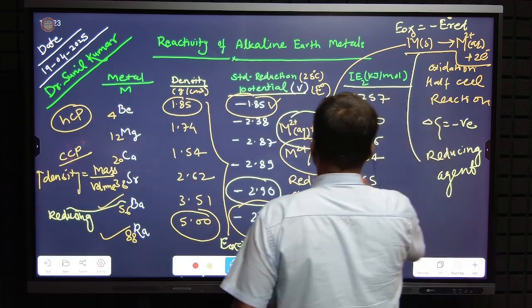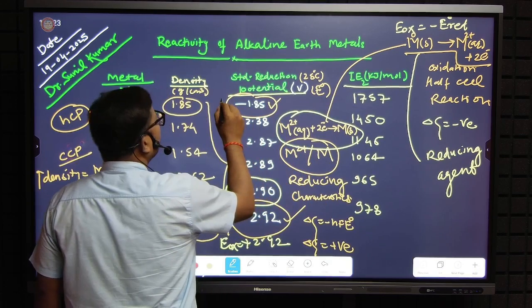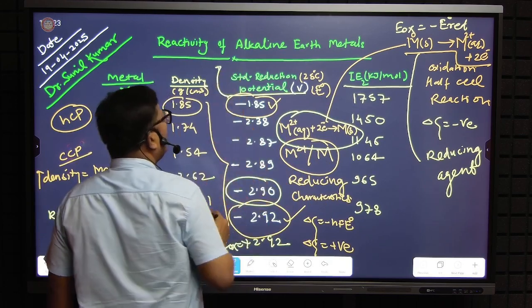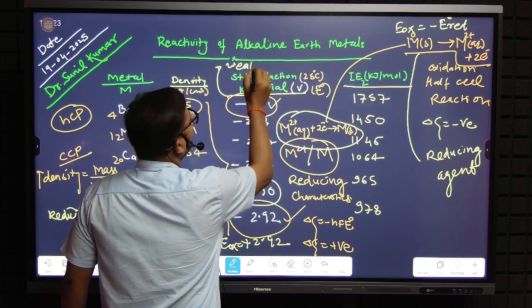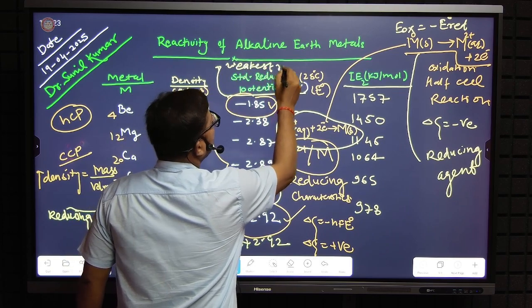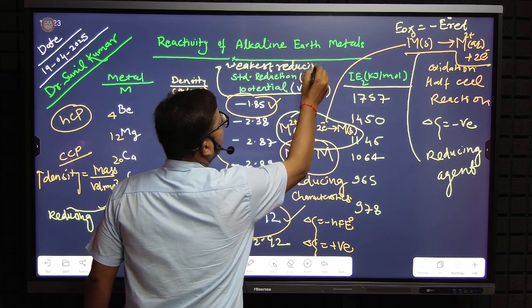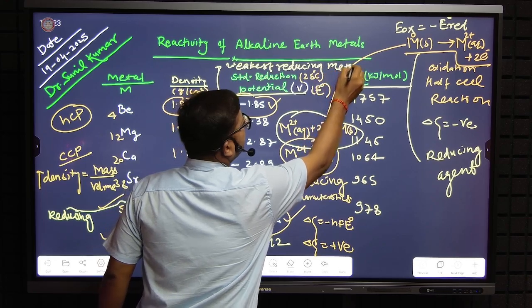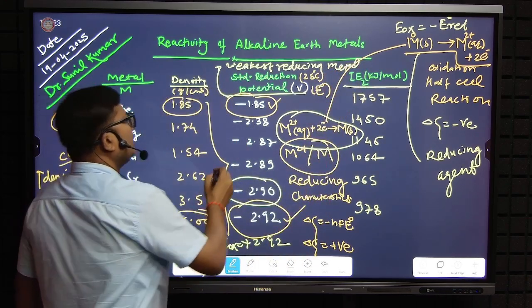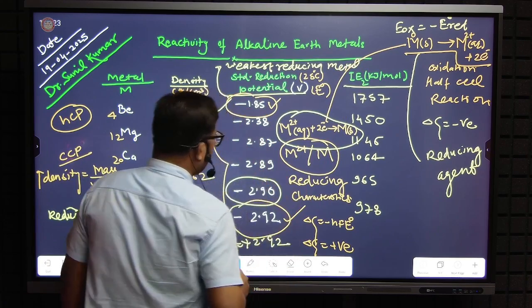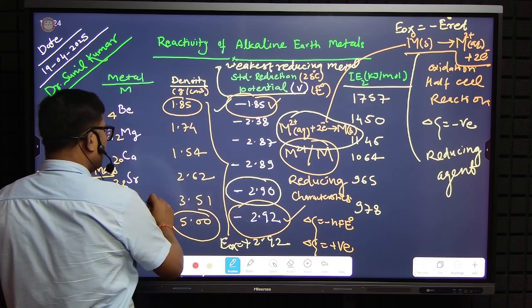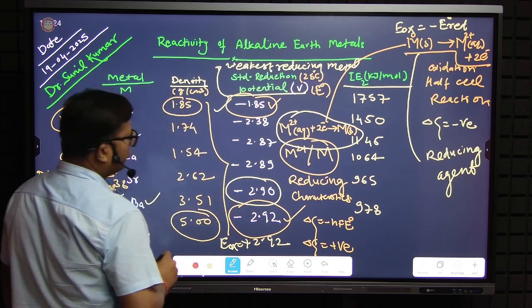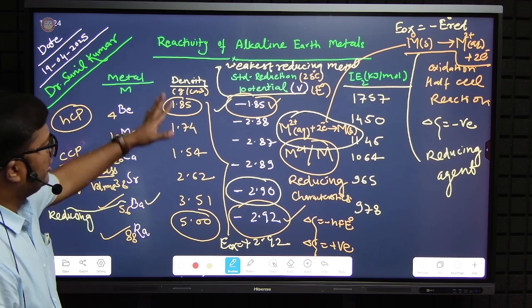So beryllium is the least or weakest reducing metal, right? So it is least reducing, and barium is the most reducing in the series.